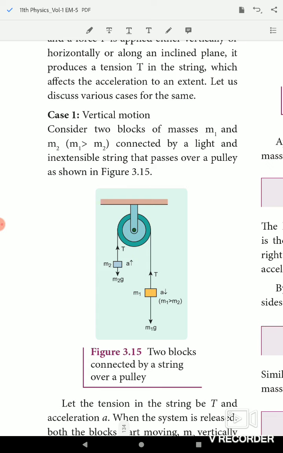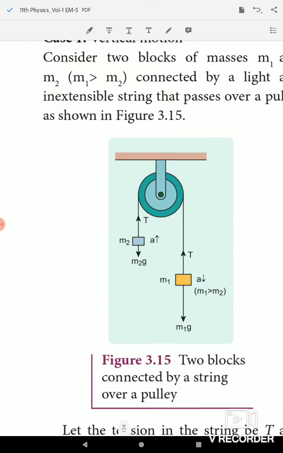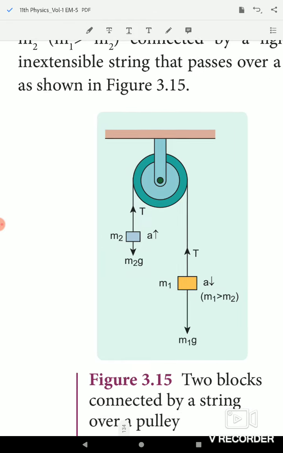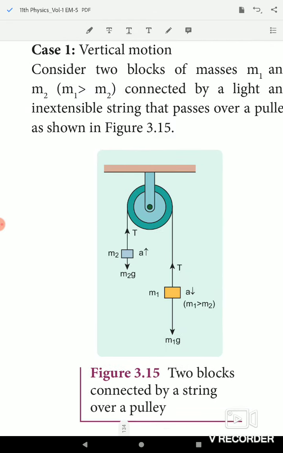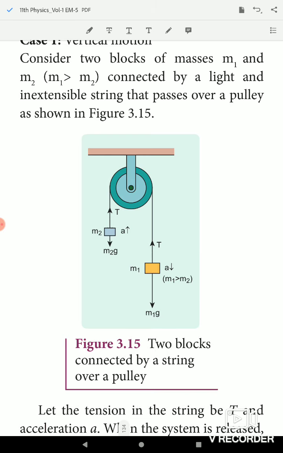First we discuss the vertical motion. Consider two blocks of masses M1 and M2, connected by a light and inextensible string that passes over a pulley.